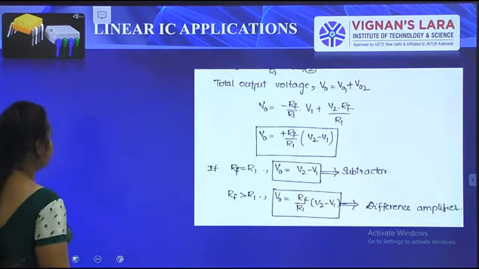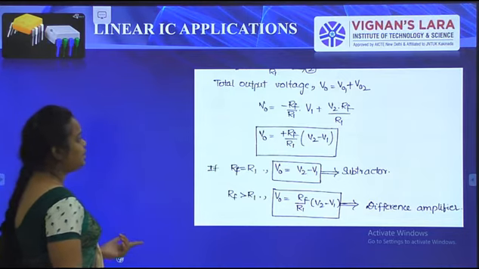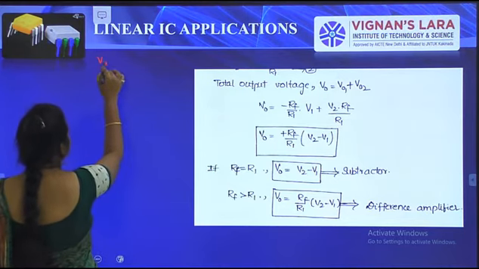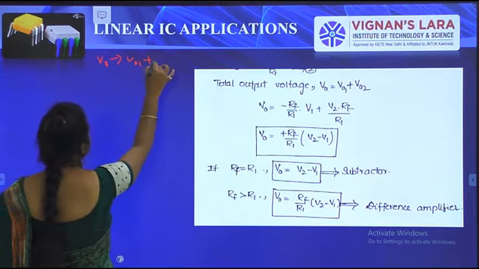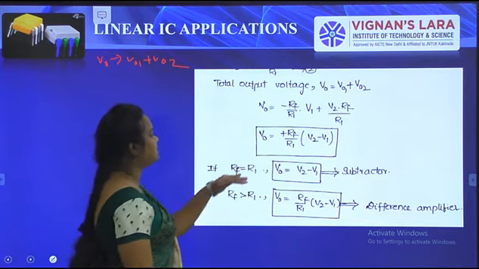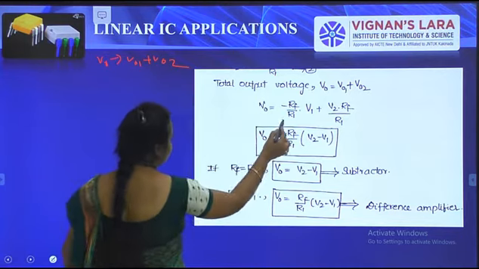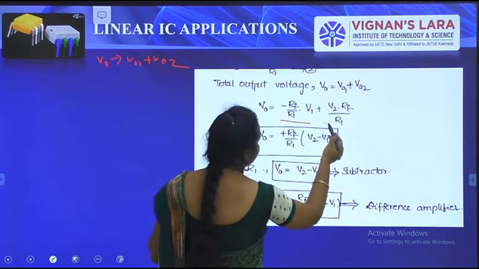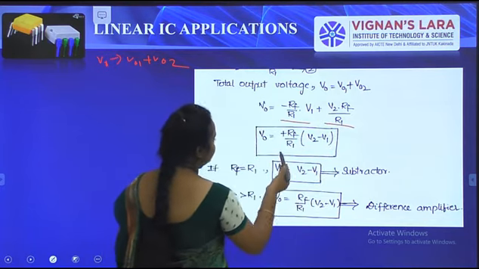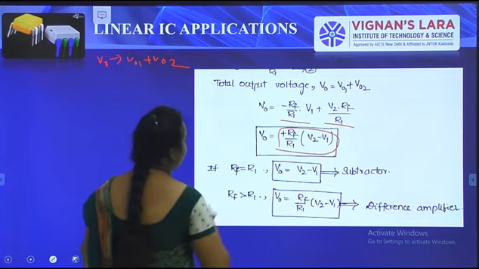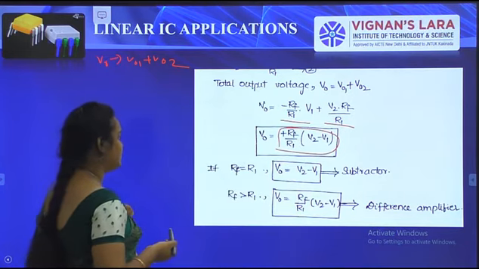So this is about the total. We have the total output V0 equal to V01 plus V02. V01 is minus RF by R1 into V1 and V02 is V2 RF by R1. From that we can get the total output RF by R1 into V2 minus V1.